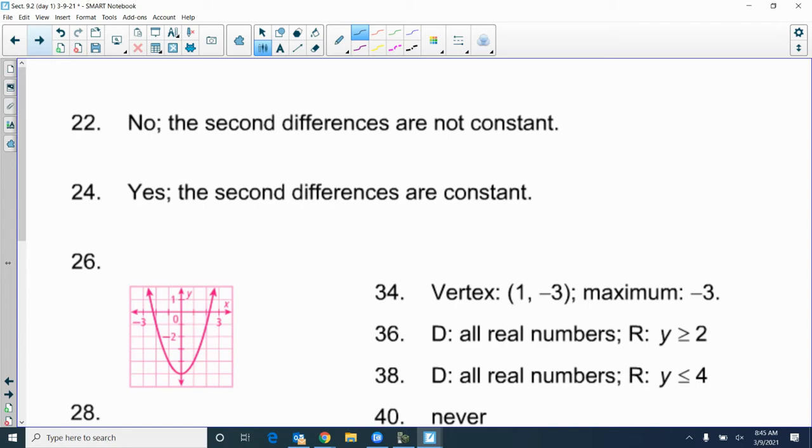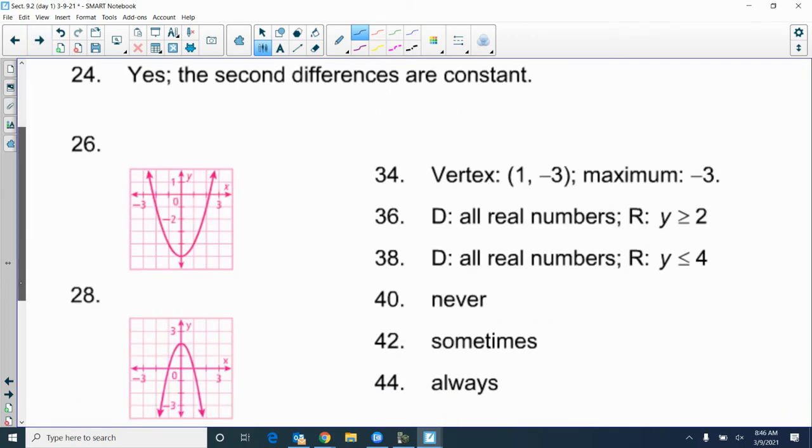If you did, make sure you make a note that you gotta do that, because I can't tell that the second differences are not constant unless you show me those steps. And for 24, the second constants are the same. What number do they come out to be? They all come out to be 2. Is that right? Okay, so that should be the case.